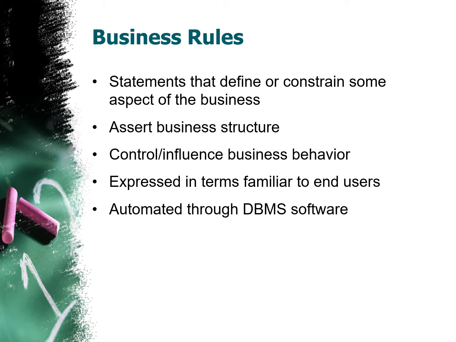So to speak, there's actually a hierarchy in terms of control and the processing of a lot of things within the organization. Yes, control or influence business behavior. We express this in terms familiar to end users, so that it would be easy for them to understand. And of course, we automate this through DBMS software later on.